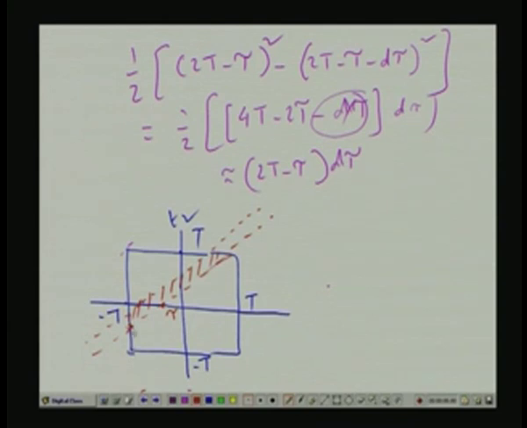what is this point? You look at the equation, T 1 minus T 2 is tau. Tau could be negative here, I agree. So, what is this point? Here T 1 is minus capital T. So, that means T 2 is minus capital T minus tau.